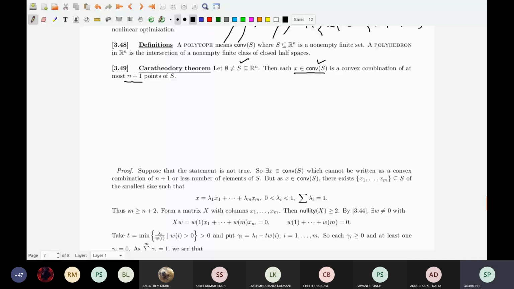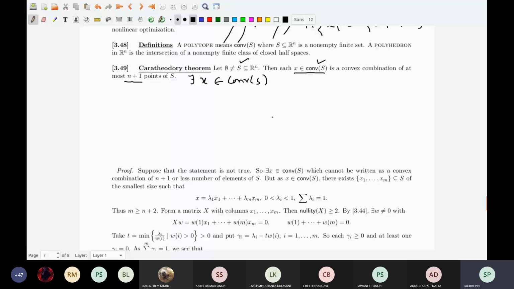So therefore, we have a point x in this convex hull for which we require more than n+1 points in order to write it as a convex combination. Now, since we require more than n+1 points, let us choose the minimum.